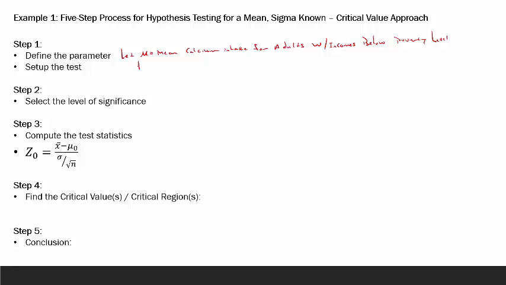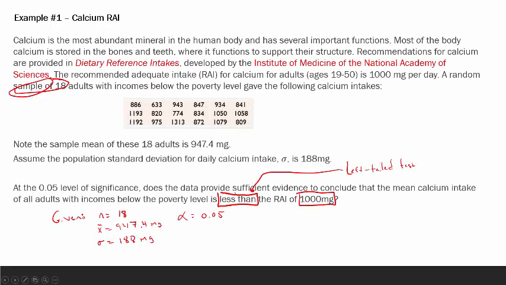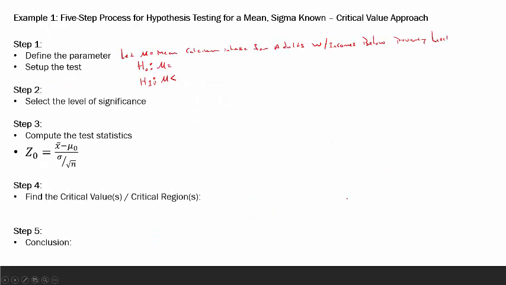Now, I said it was a left-tailed test, so the null is mu is equal to something, and the alternative is mu is less than something. I want to show evidence that the average they're getting is less than 1,000 milligrams per day. So I want to test to see that they're getting on average less than 1,000 milligrams of calcium a day.